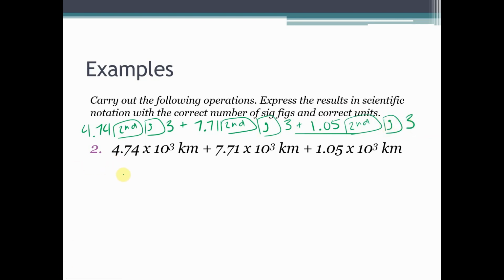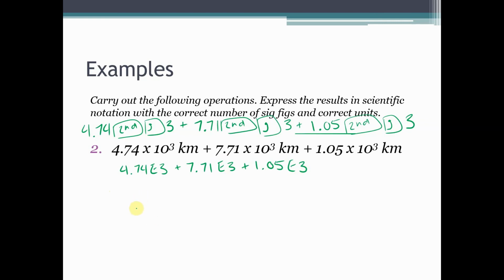And what shows up on your screen needs to be 4.74 E3 plus 7.71 E3 plus 1.05 E3. And if that is in fact what you have typed in, you can go ahead and hit enter.